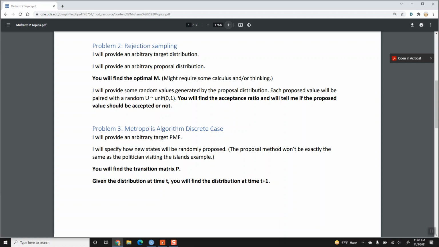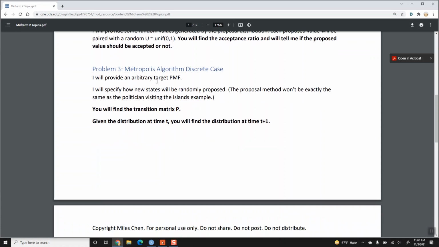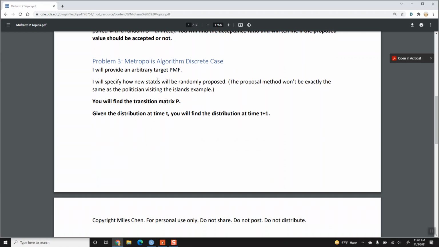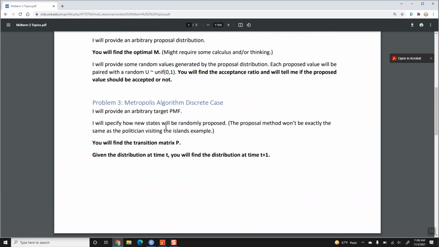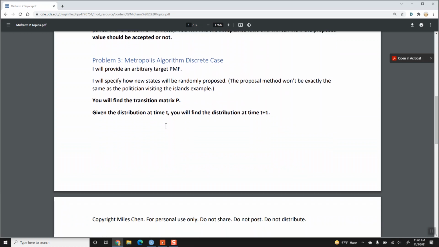Okay. I think this second part's straightforward. Finding the optimal m could be tricky depending on how comfortable you are with either the calculus or math involved. Maybe some geometry, I don't know. Okay.